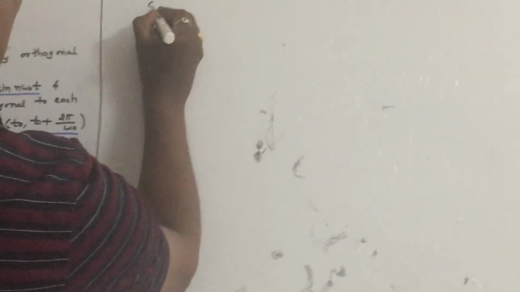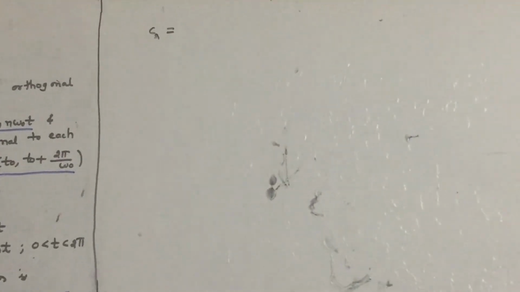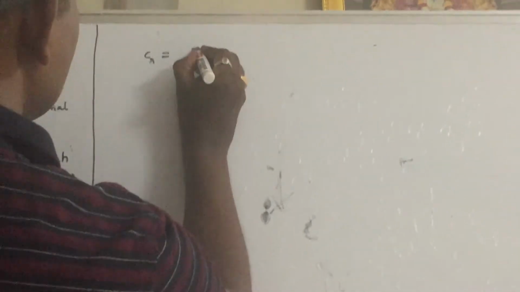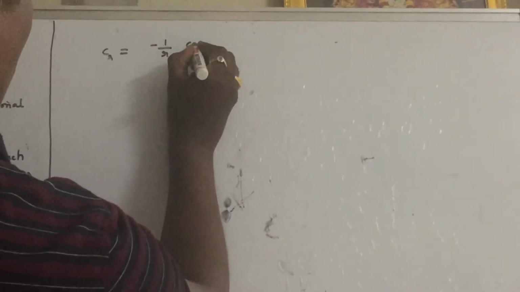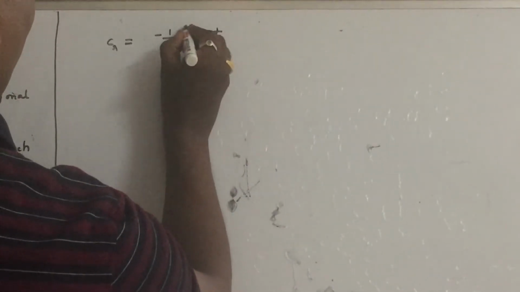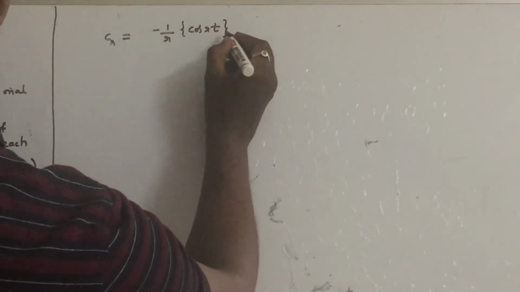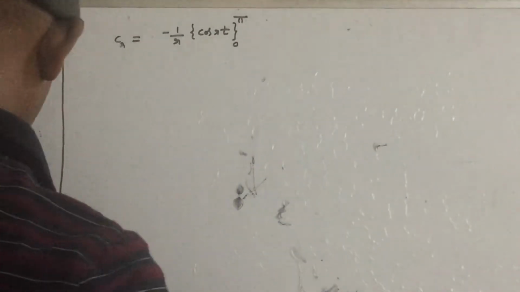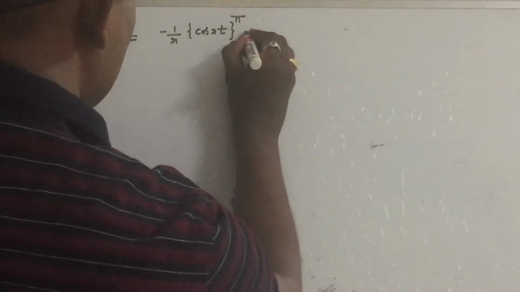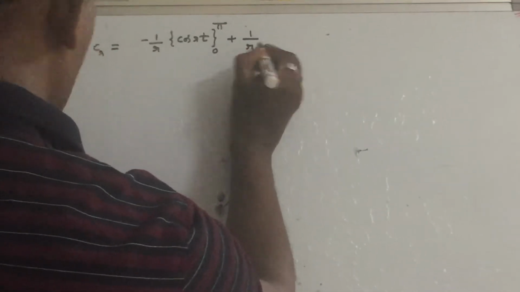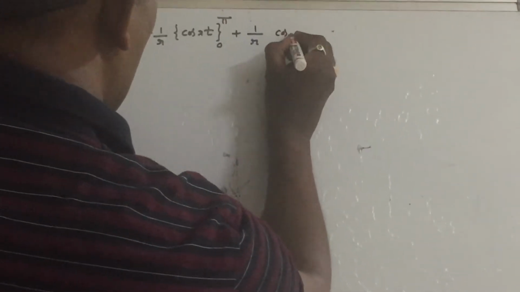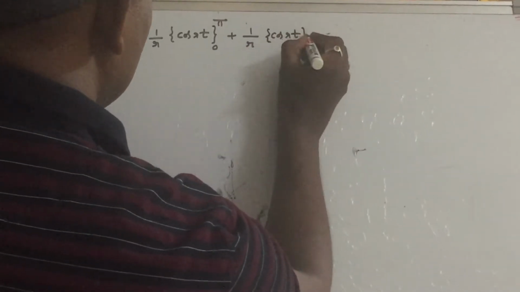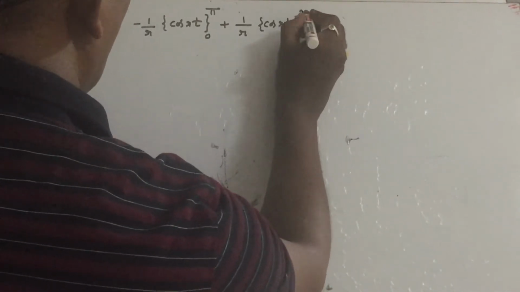So therefore the coefficient CR is equal to: sin rt integration is minus 1 by r cos rt, the limits are 0 to pi. For the second term, sin rt integration is minus into minus plus 1 by r cos rt, substituting the limits pi to 2 pi.